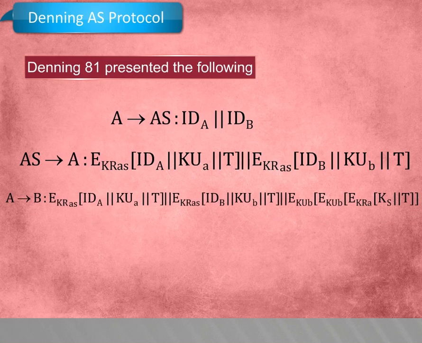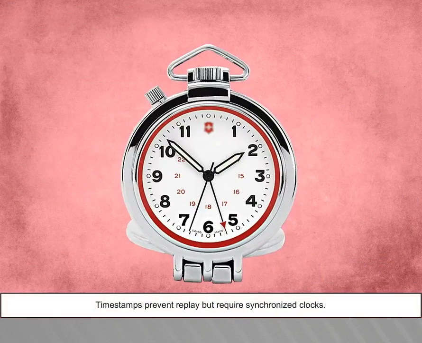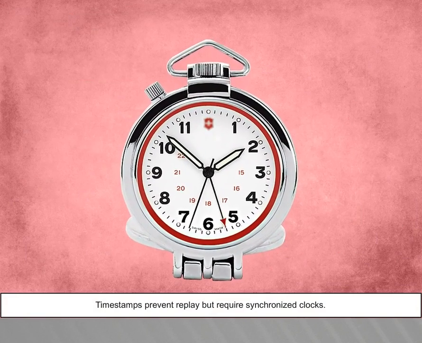A to B: E(KRAS, [IDA || KUA || T]) || E(KRAS, [IDB || KUB || T]) || E(KUB, E(KRA, [KS || T])). The session key is chosen by A, hence the AS need not be trusted to protect it. Timestamps prevent replay but require synchronized clocks.